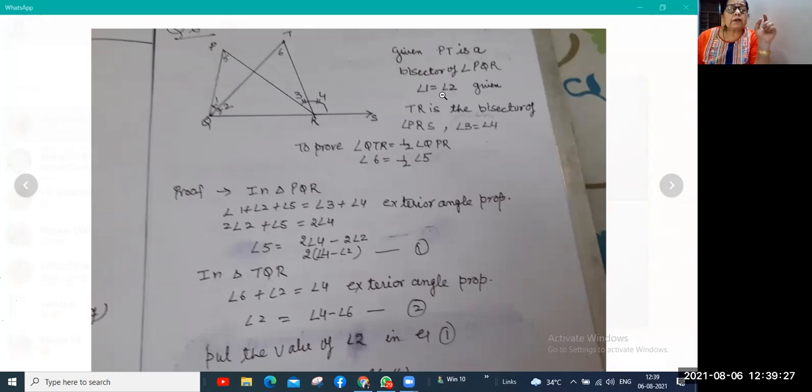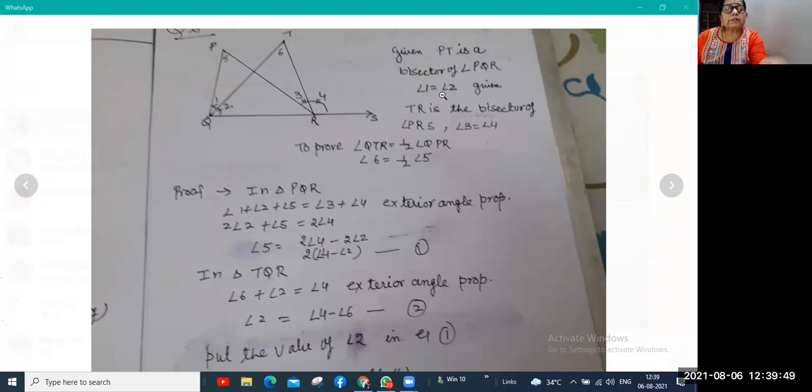And since angle 1 and 2 are equal, we can write double of angle 2 plus angle 5 will be equal to double of angle 4. Who can tell me why I have written double of angle 4? Anyone of you? Because angle 3 and angle 4 are equal. Okay, very good.